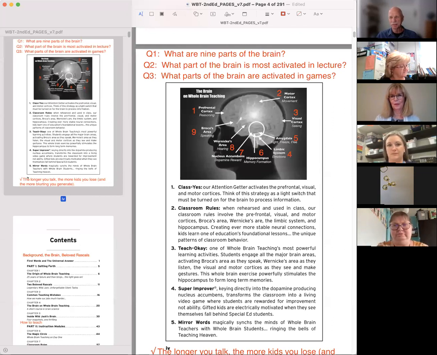Amygdala. Hippocampus. Nucleus accumbens. Wernicke's area. And Broca's area. If you have your books, write in at the top of the page, we've just answered our first question. What are the 9 parts of the brain?